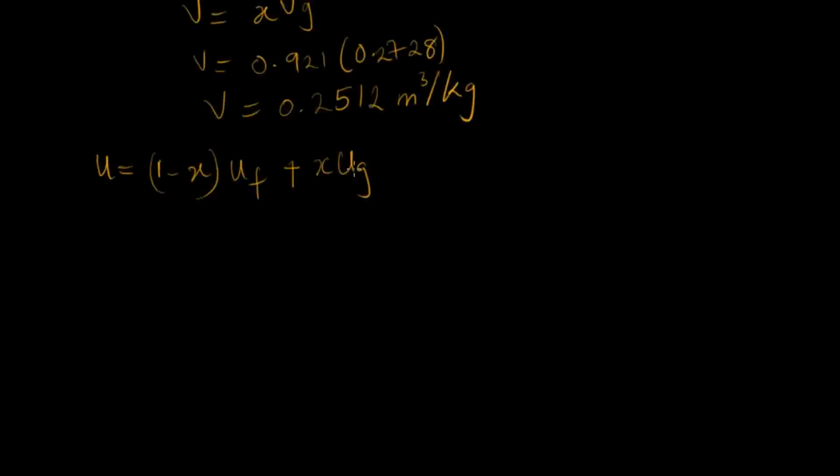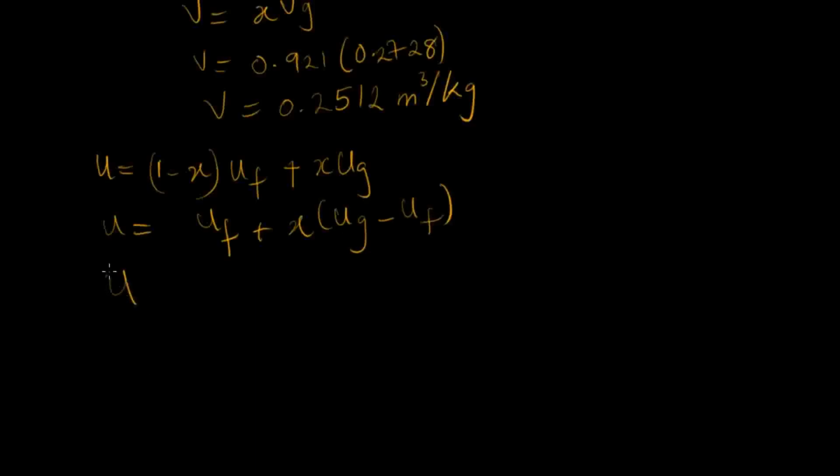Alright, yes, that's what we have here. So it can also be written as uf, that is, if you collect some terms, you have uf plus x(ug minus uf), close the bracket.